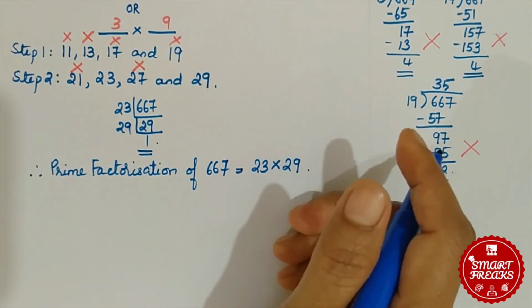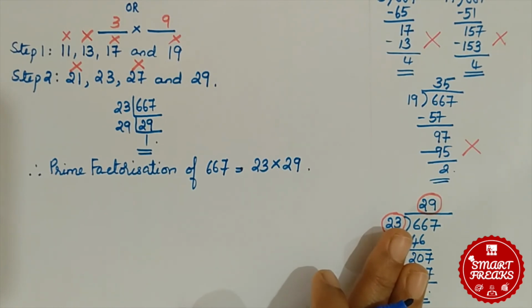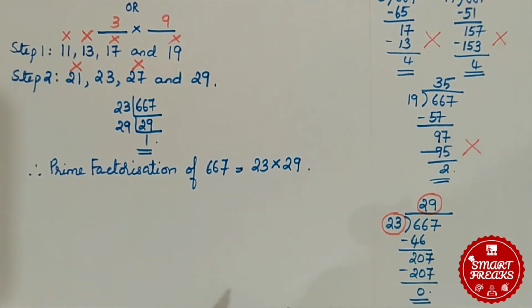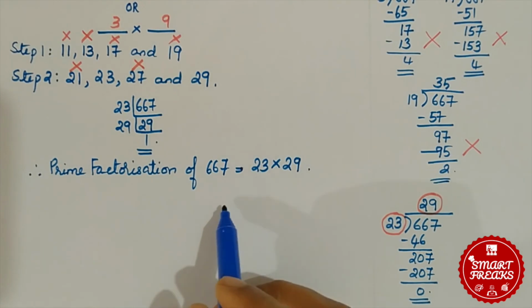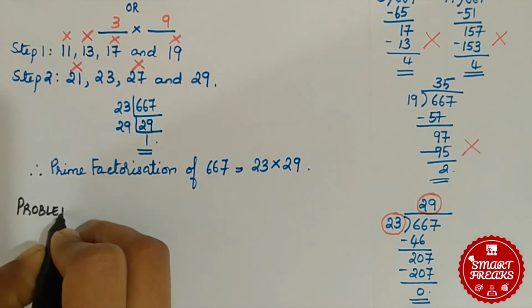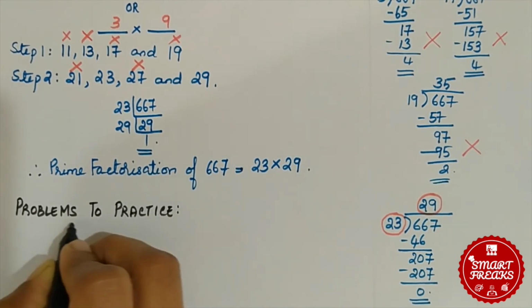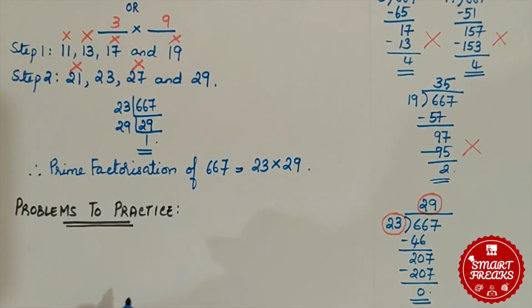So this is the method. So try out the method you follow and compare with this method. Here you need not waste time thinking for the prime divisors. Just follow the method and you will get prime divisors easily if you are good at multiplication table.